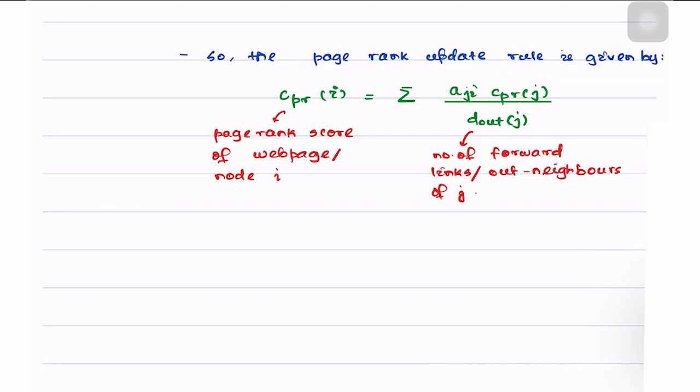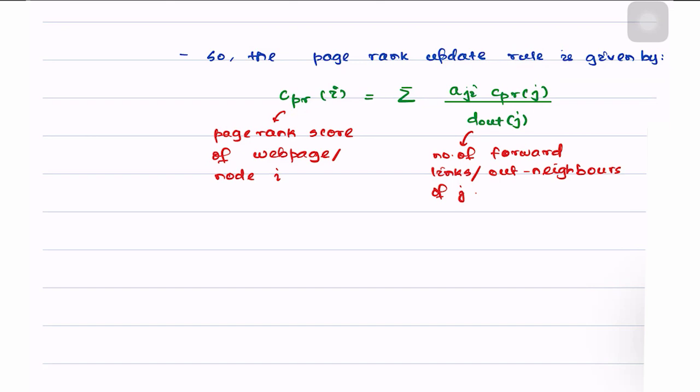Similarly, CPR_j is the PageRank of node or web page j. Note that these are current importances which recursively get updated. So this is the simplified version of the PageRank.